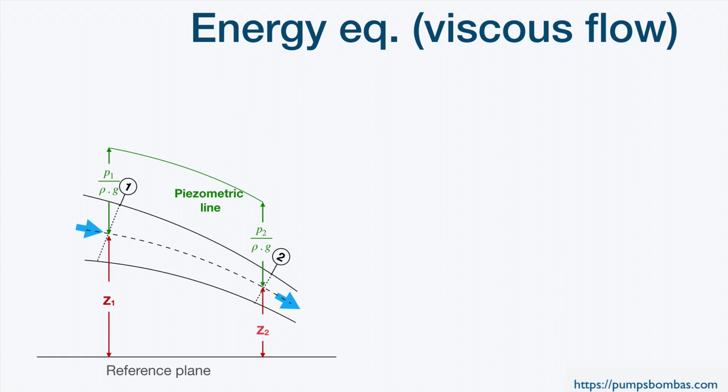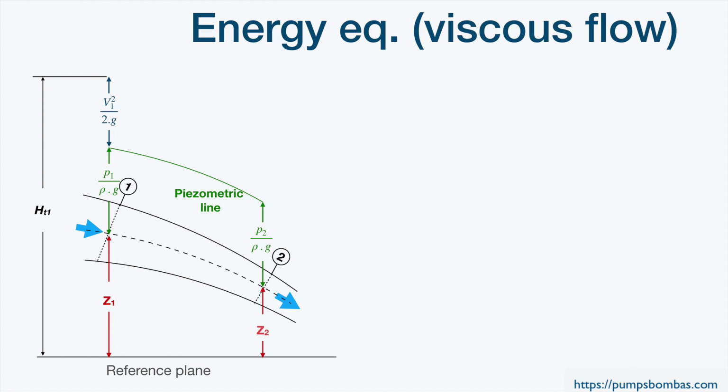What is the other kind of energy that we need to add to section 1 to obtain the total energy of this section? The kinetic energy. So the total energy at section 1 is the sum of the kinetic energy, the pressure energy, and the geodetic energy. And what happens at section 2?